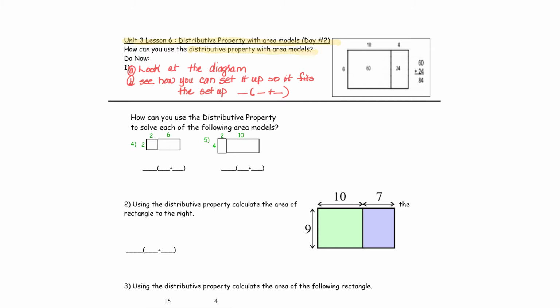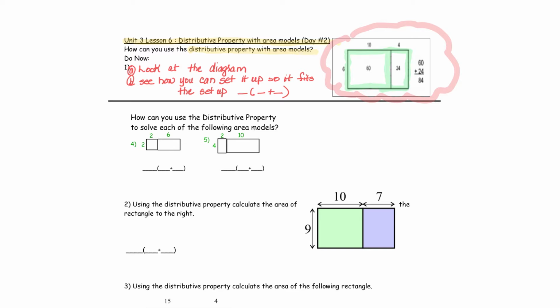Well, if you take a look over on the right in our little info box here, you'll notice a diagram. It is one large rectangle with two smaller rectangles inside. So what's going to happen with these is we want to find the area of the entire model all at once.